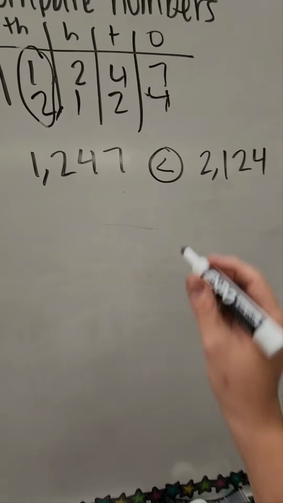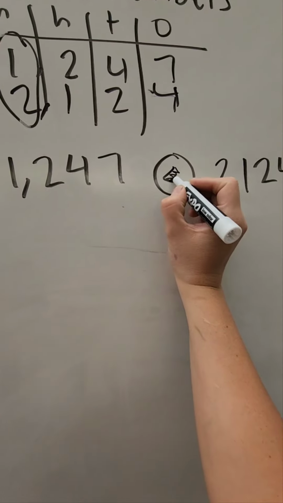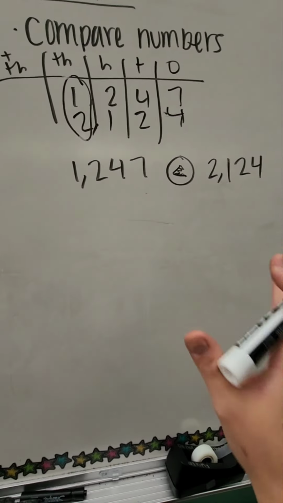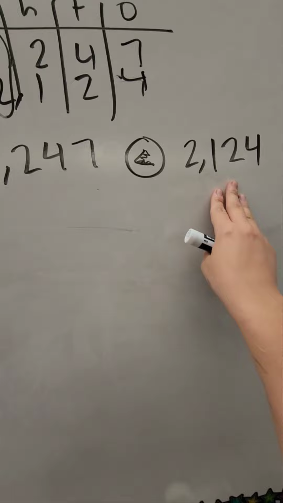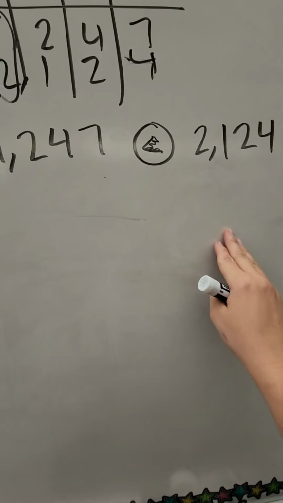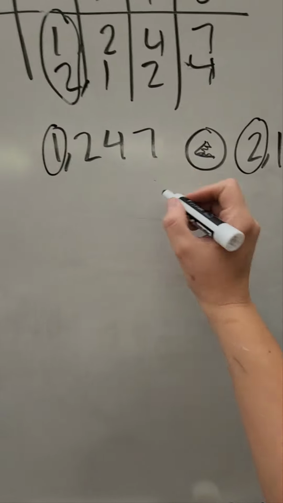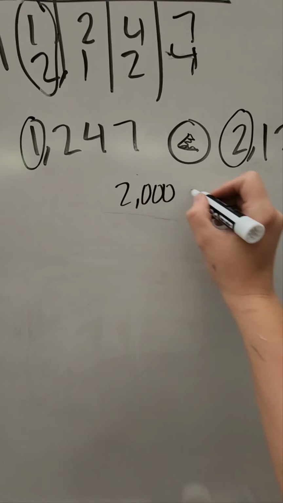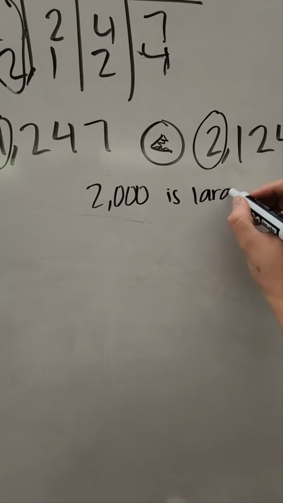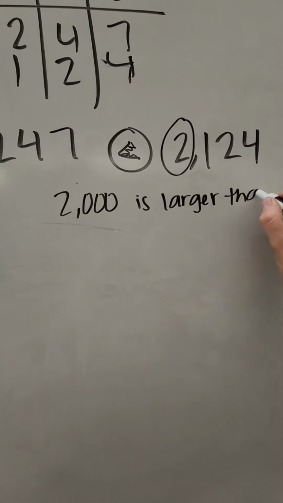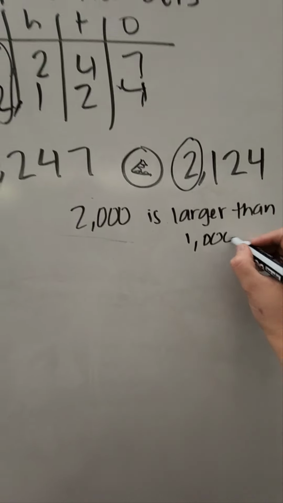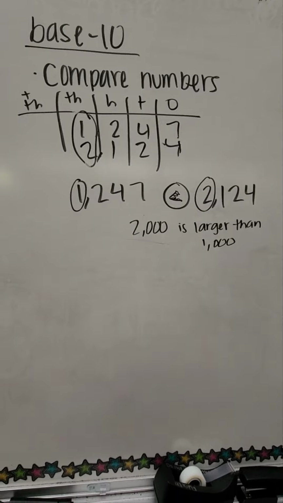You might have heard students say that there is an alligator or Pac-Man, and it wants the larger number or the greater number. So that would be 2,124. And we know this because 2,000 is larger than 1,000. Okay, so that is comparing numbers.